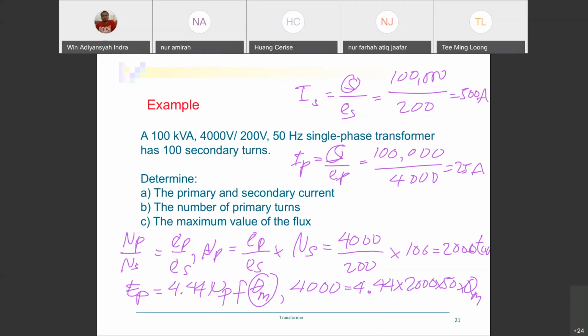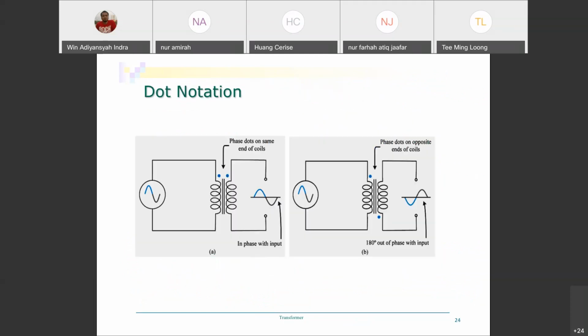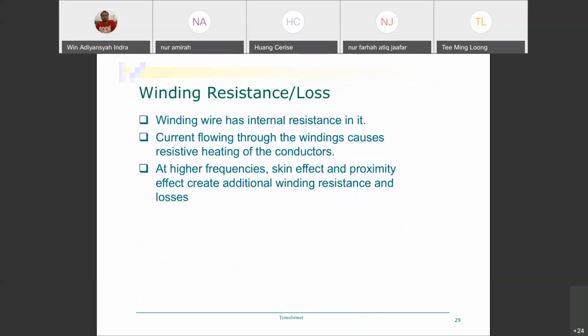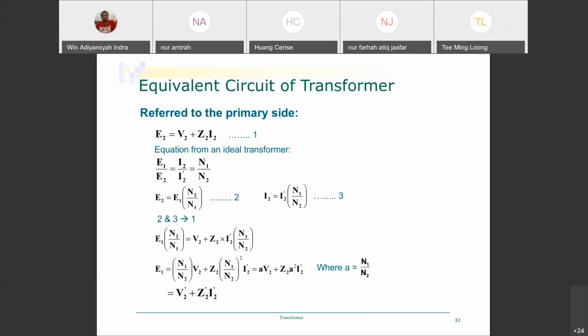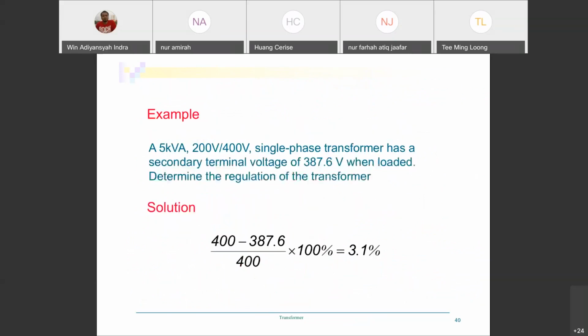Okay, yeah, that will be the second one. Let's see the third one. The third one is voltage regulation.